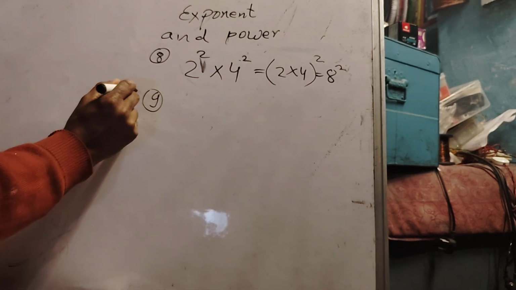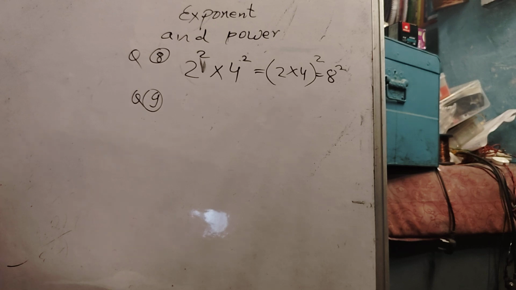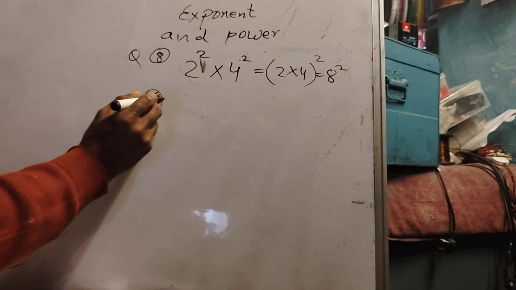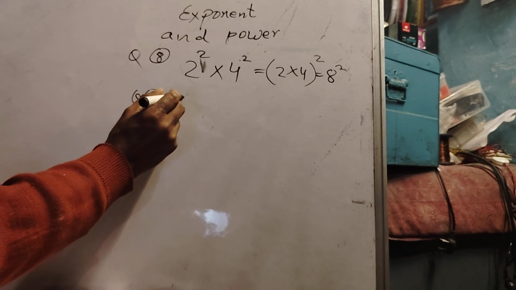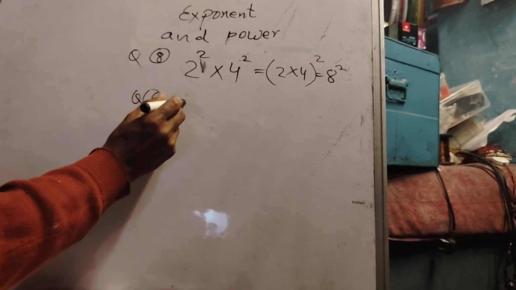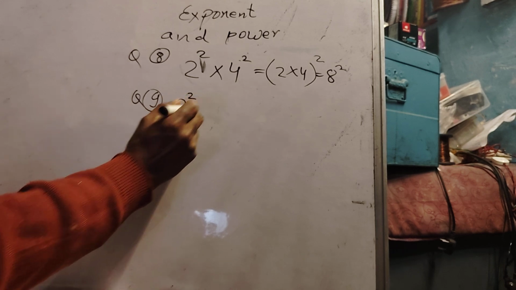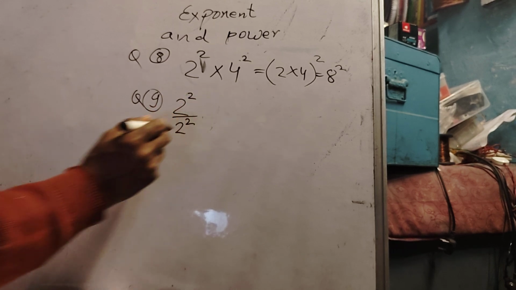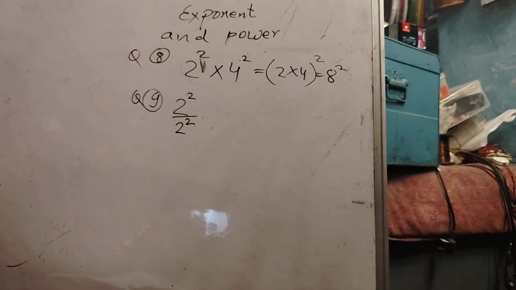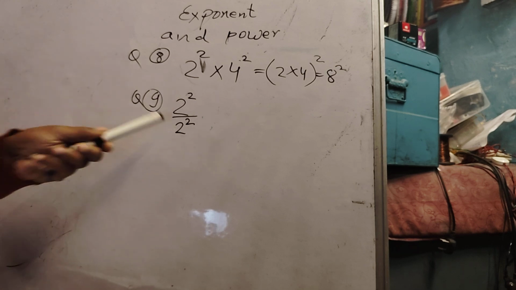Okay. Now can you say 2 power 2 over 2 power 2? Can you say its value? One.